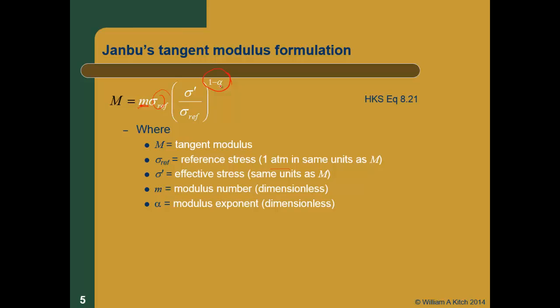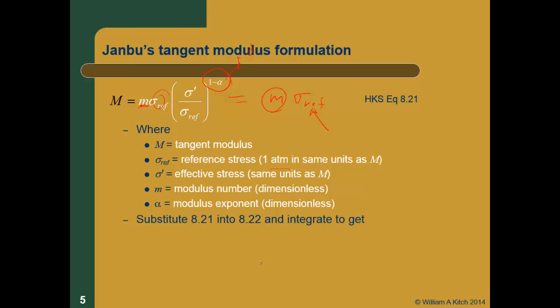No, not 0. 1, because you want the exponent to be 0, right? Because you want this whole thing to go to 0, and then this is just going to equal m times sigma ref. Well, this is a constant, and this is whatever the stiffness of your material is, right?